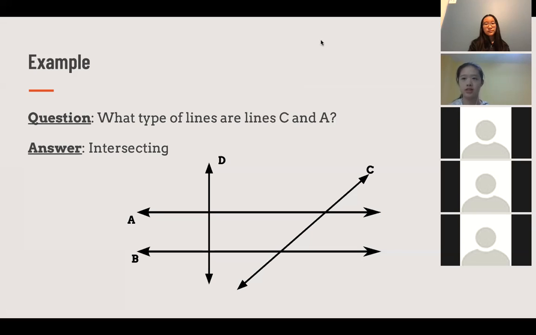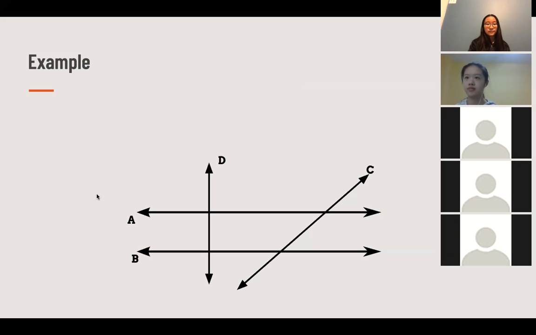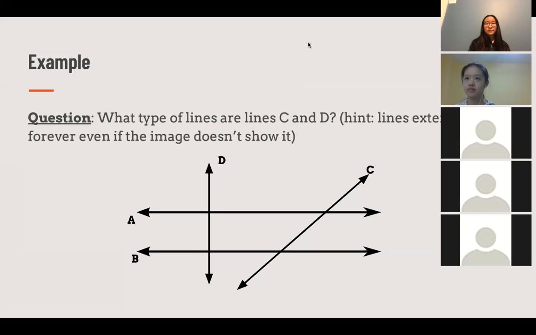Lines C and A are intersecting. They aren't perpendicular because they don't intersect at a right angle, as you can see from the image. All right. And last question, what types of lines are the lines C and D?